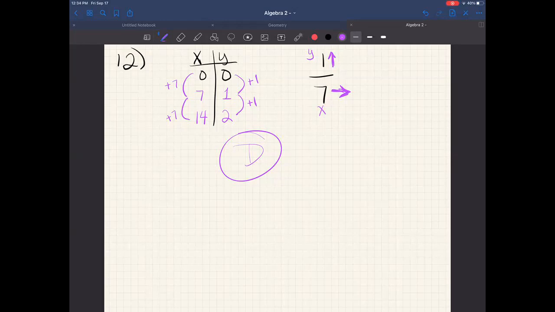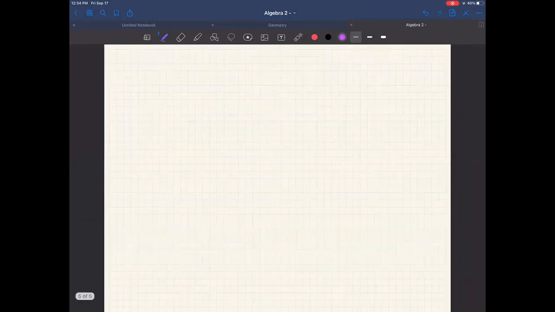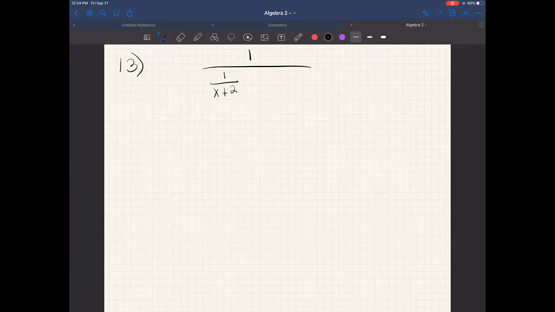So that was 12. Number 13. So number 13 looks very, I don't know, horrible, scary, whatever we want to call it. It does not look very fun, but it's not that bad.